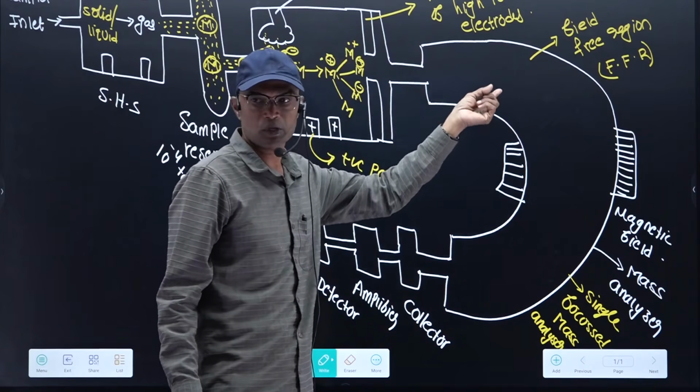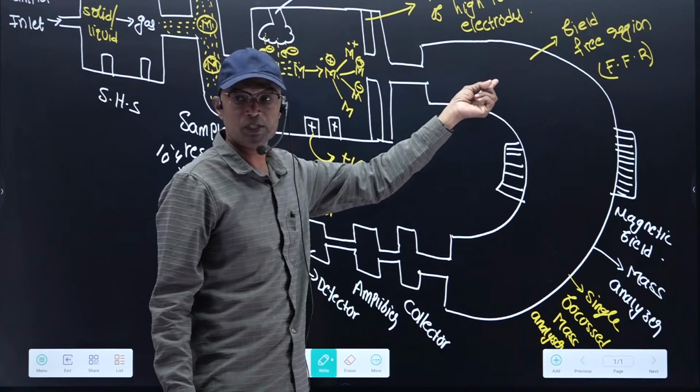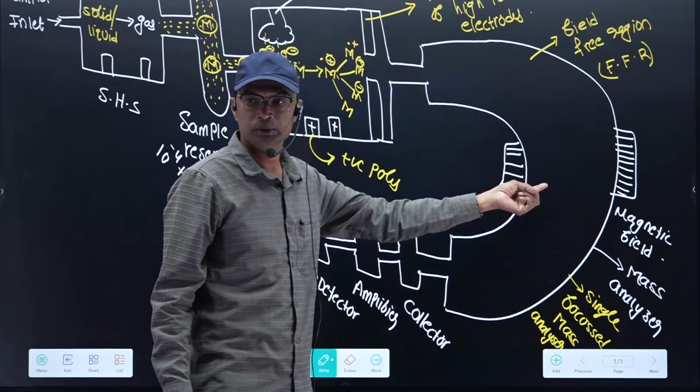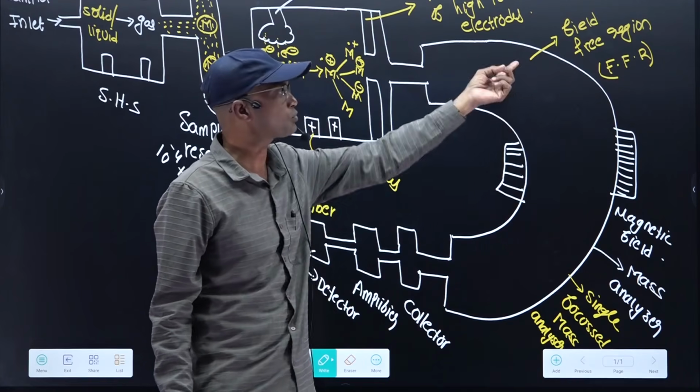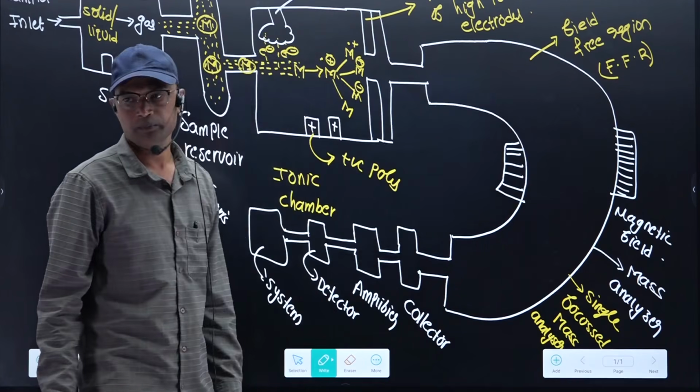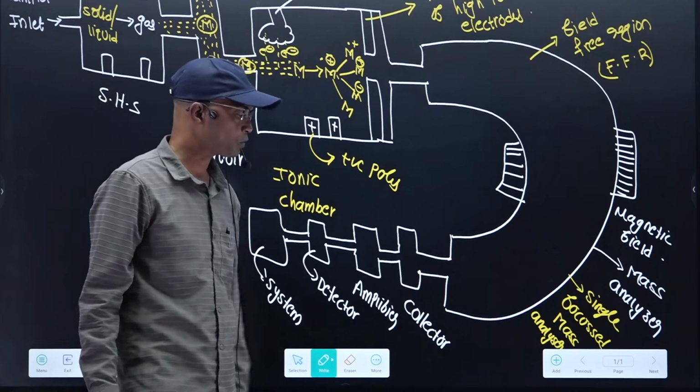That is called the field free region. Now when it enters the magnetic field, this is not a field free region, since some field is there. This is single focus mass spectrometry.